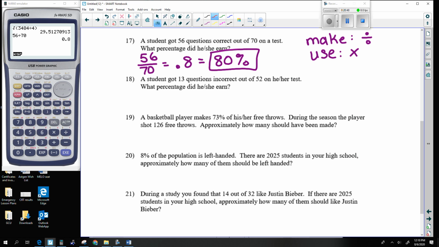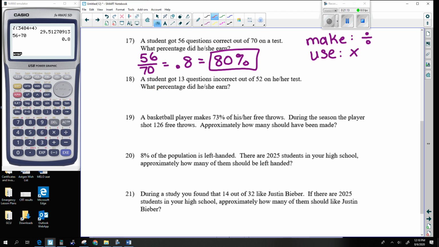You get a percentage on the numbers that you got correct. So if there were 52 questions on the test, they got 13 of them wrong. Don't do 13 out of 52. That's an incorrect way of doing it, because that is the percentage that they got incorrect. We don't want to give them a percentage incorrect. We want a percentage correct.